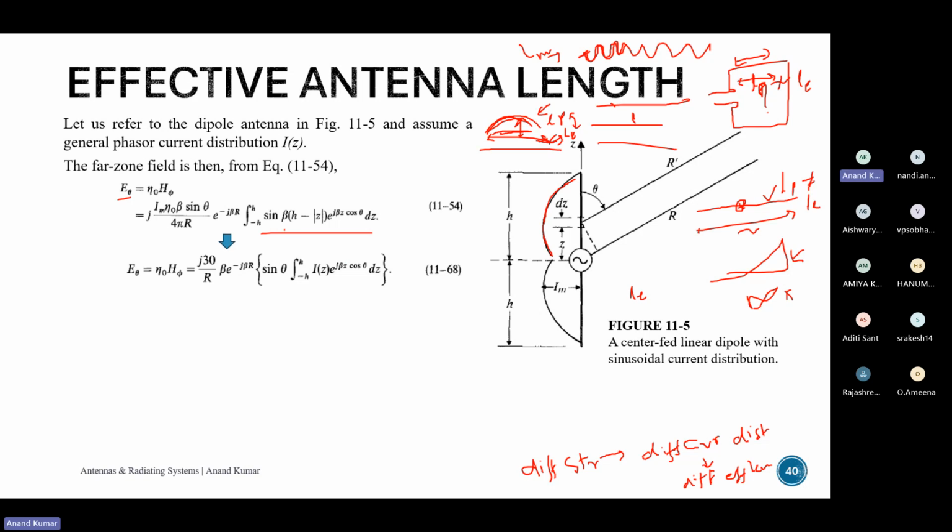Over here, we had some distribution as Im sin beta z. So essentially, this was the expression, right?